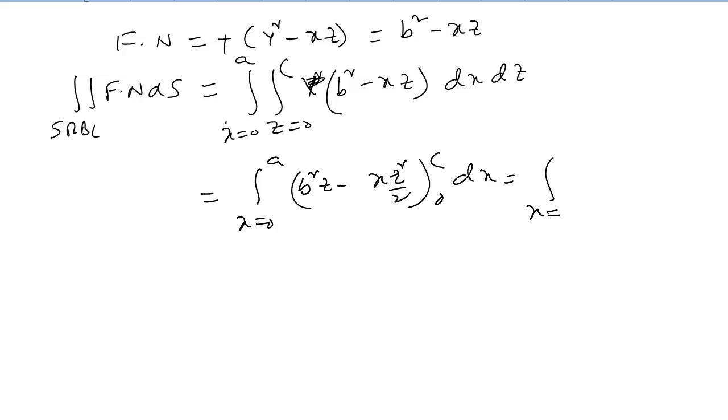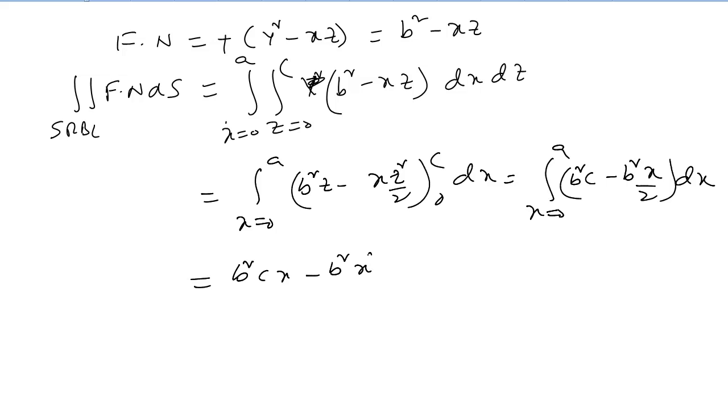Integral x is 0 to a, b square c minus c square x by 2, dx. b square cx minus c square x square by 4, 0 to a. So a b square c minus a square c square by 4. Now this is the third value.